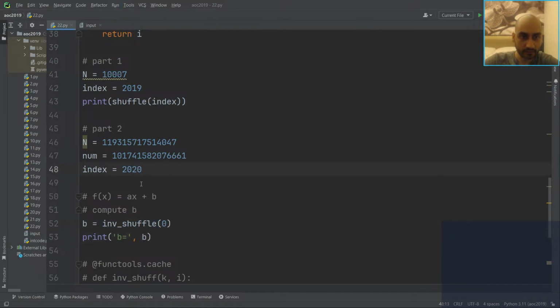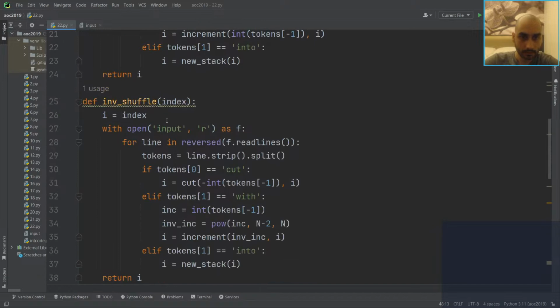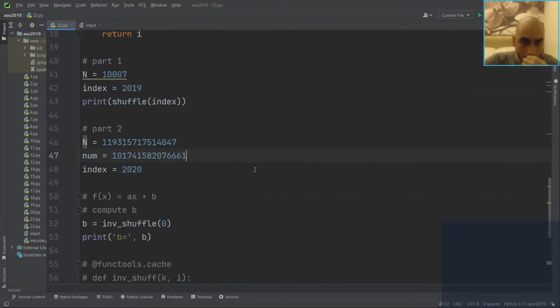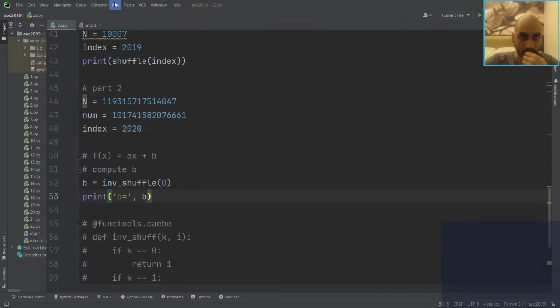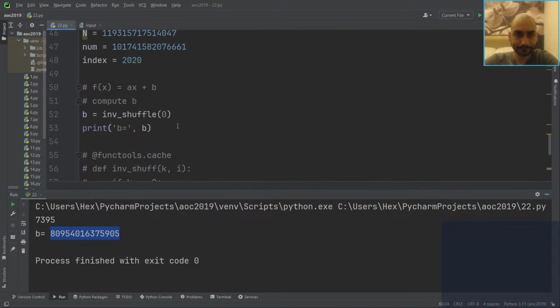Inverse shuffle. It's using the n. Okay, try that. B is that. Now what's A?